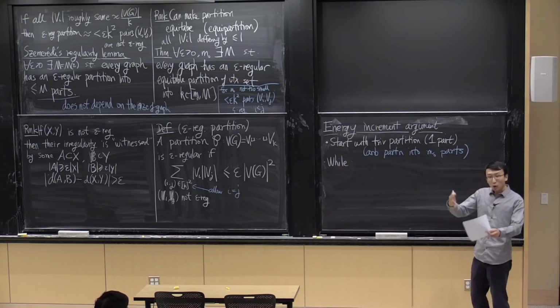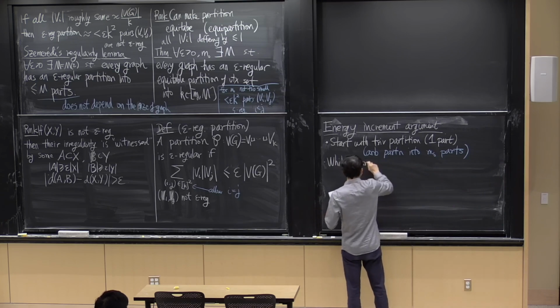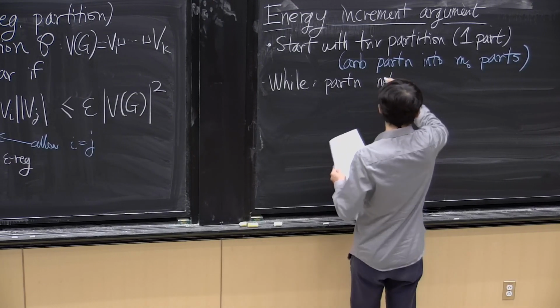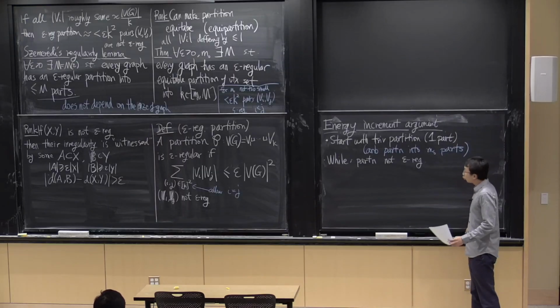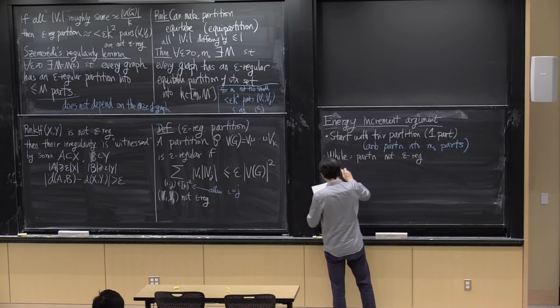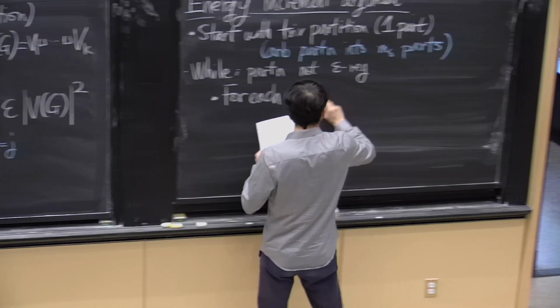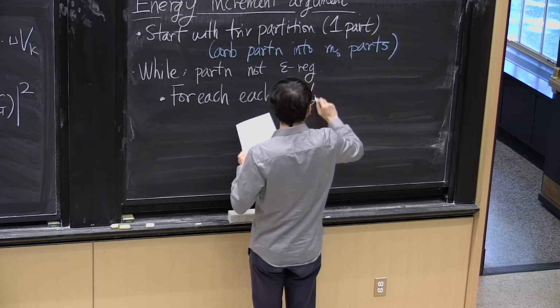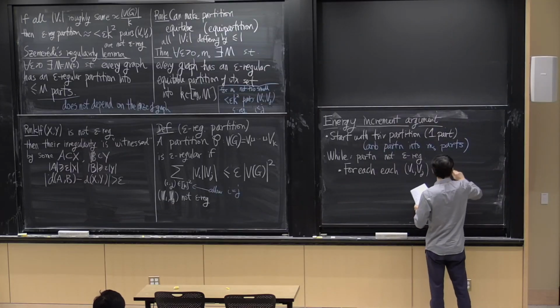As long as your partition is not epsilon-regular, we will do something to the partition to move forward. And what we will do is look at each pair of parts in your partition that's not epsilon-regular.